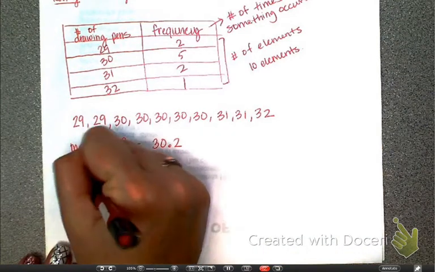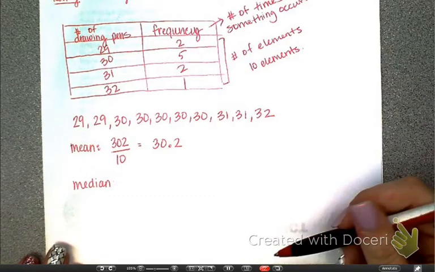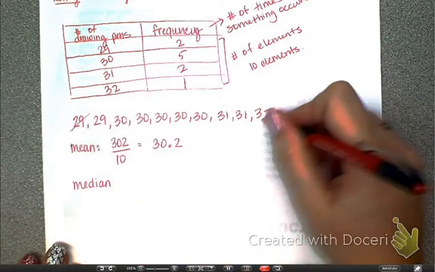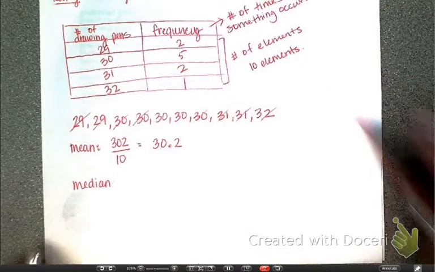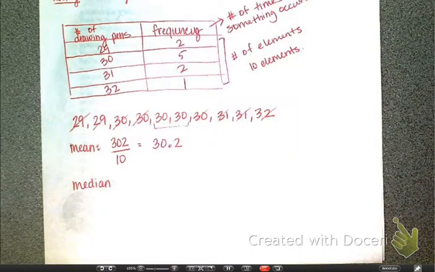The median. Now, we said it has to be in order from least to greatest. Easiest way to find the middle number is to just cross off 1 on every side until we get to the middle. Now, here, I don't really have a middle. If I cross both of those off, there's nothing left.